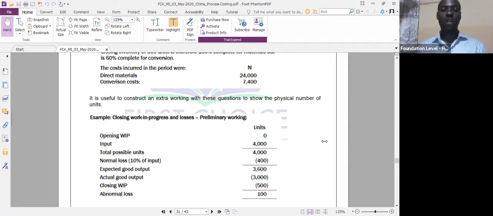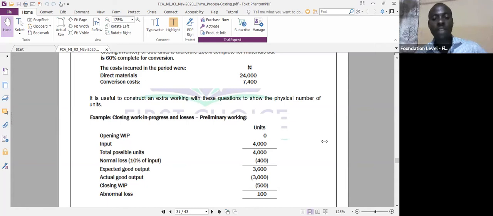Opening work in progress, we don't have. We now put input of 4,000 units. That means the total possible units we may have is 4,000. Normal loss is 10% of input. So since we inputted 4,000, 10% of 4,000 will give you 400. So what we're expecting is 3,600.